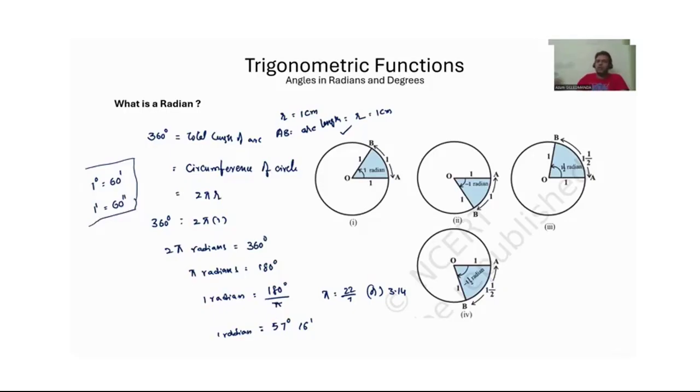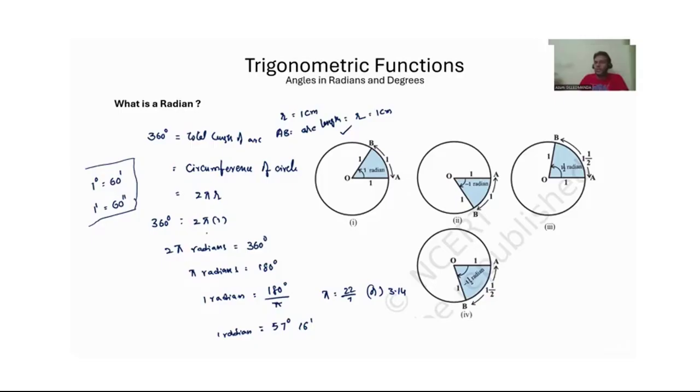So now, do you understand what a radian is? A radian is the angle subtended at the center of a unit circle when the radius is equal to the arc length. The full circle is 360 degrees, and the total circumference is 2 pi r.